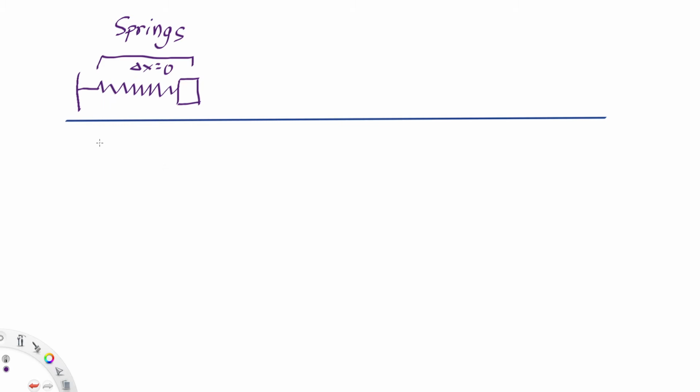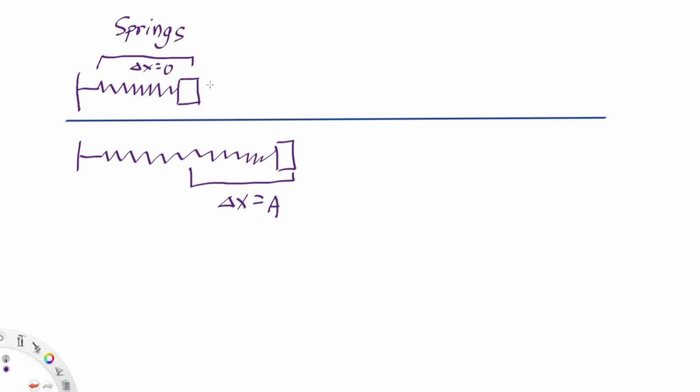Let's say that we stretch it out some distance and then just let it go and watch it vibrate. We can use energy to analyze how this thing oscillates back and forth.